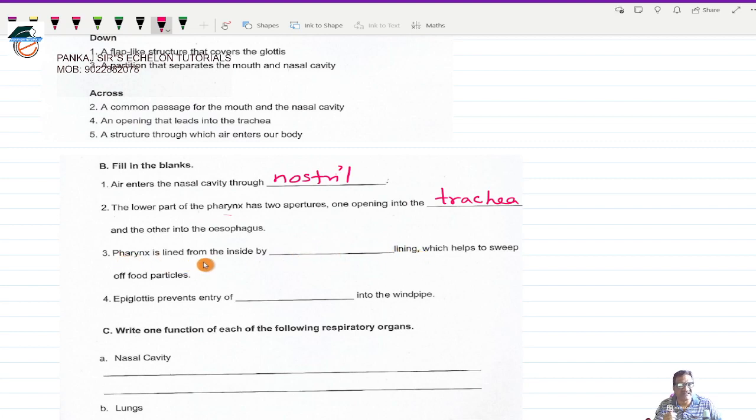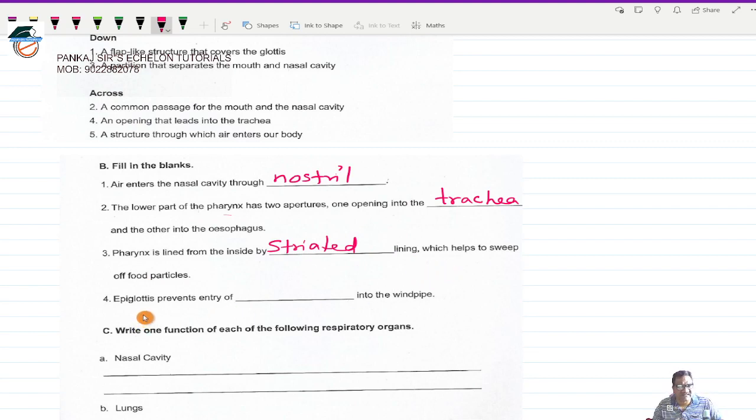Pharynx is lined from inside by a striated muscular lining, or striated lining only, which helps to sweep off the food particles. Striated, that's it, striated lining or striated muscular lining.